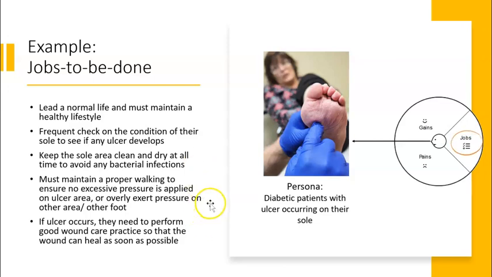They must maintain proper walking to ensure no excessive pressure is applied on the ulcer area or overly exerted on other areas or the other foot. And finally, if an ulcer occurs, they need to perform good wound care practice so that the wound can heal as soon as possible.